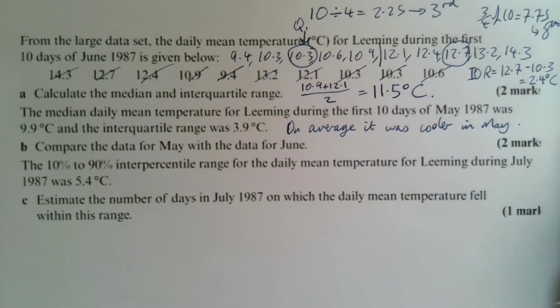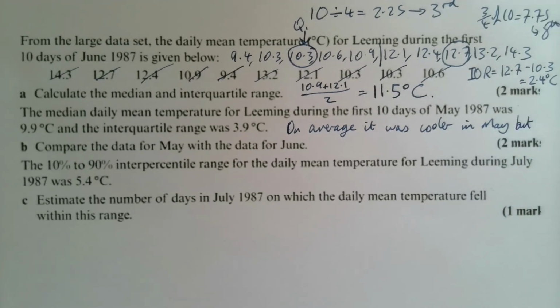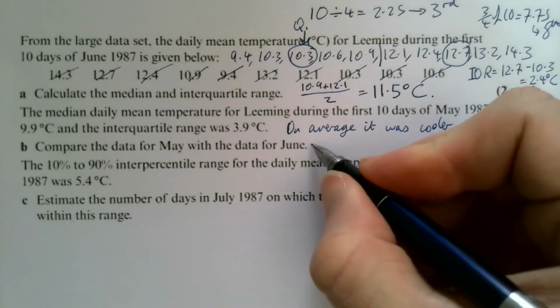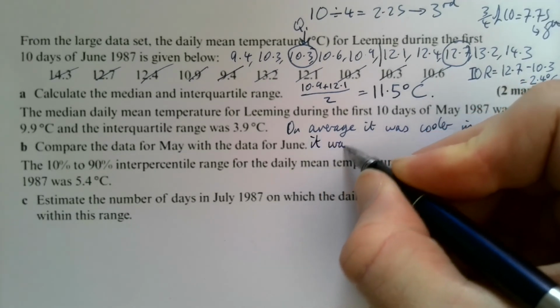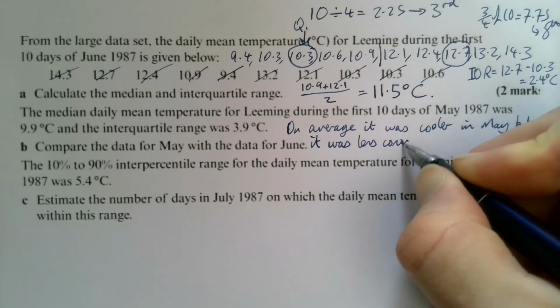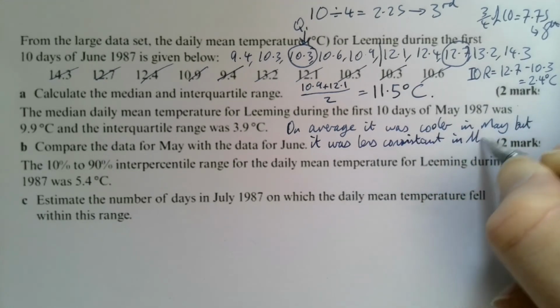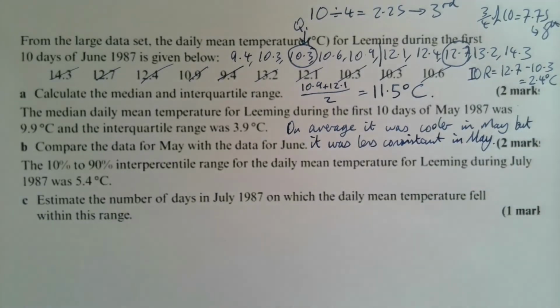So in that case, it was also less consistent. In May, the data was more spread out.